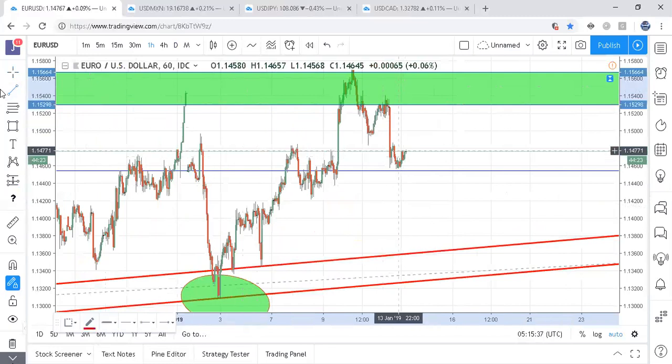My times for trading are 1 a.m. to 4 a.m., and then 8 a.m. to 10 a.m. And I'd like to see what the market is doing around 8 p.m. to like 10ish.